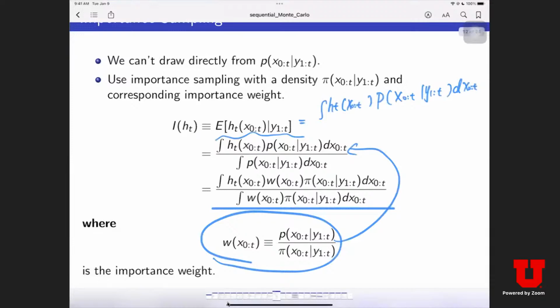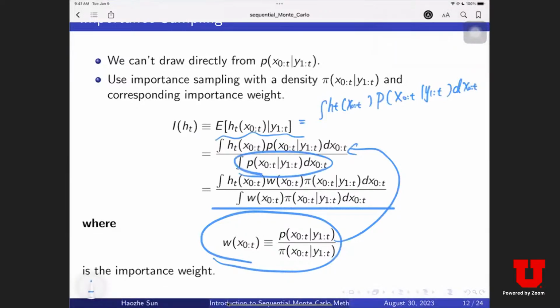That's the point. The denominator will always be 1, and if it is not 1 and the P is wrong, we need to normalize the P, because the integral of P dx always equals 1, right?